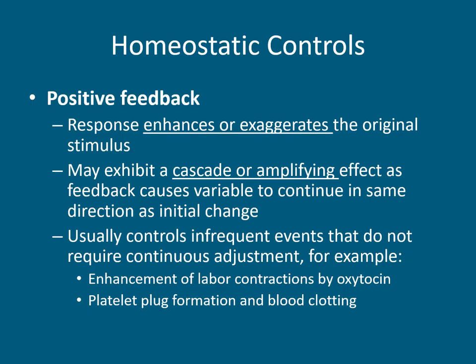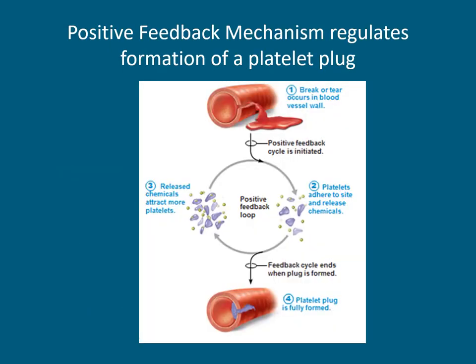And then the other example is with blood clotting. So when you have an injury site to one of your blood vessels, there is a stimulus of the bleeding, and what happens is you'll have platelets start to stick to the site. They adhere to that injured site where there's a tear in the blood vessel.